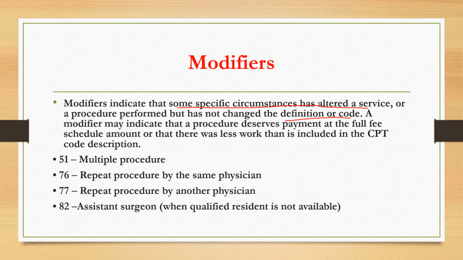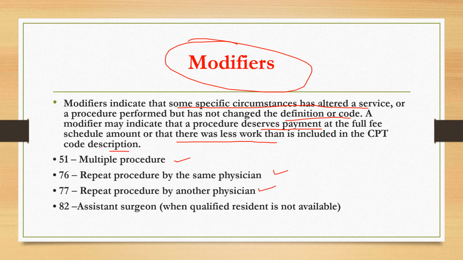A modifier may indicate the procedure deserves a payment at the full fee schedule amount, or that there was less work than described in the CPT code description. Then the modifiers: multiple procedure code is 51, repeat procedure by the same physician, repeat procedure by another physician, assistant surgeon when qualified resident is not available.